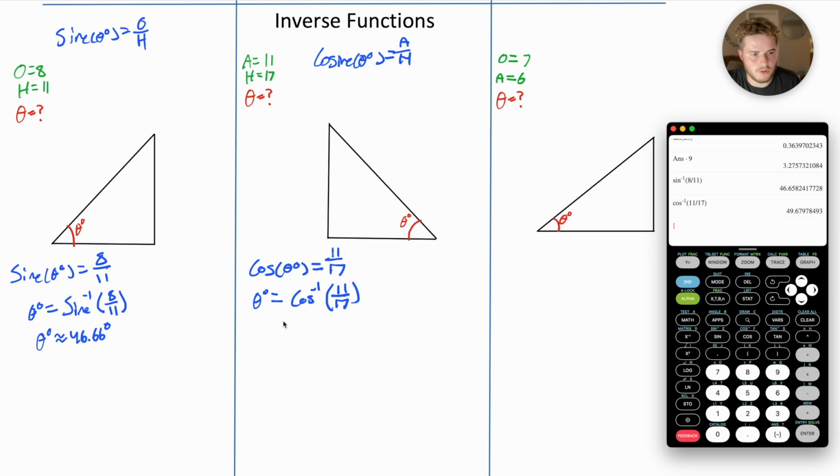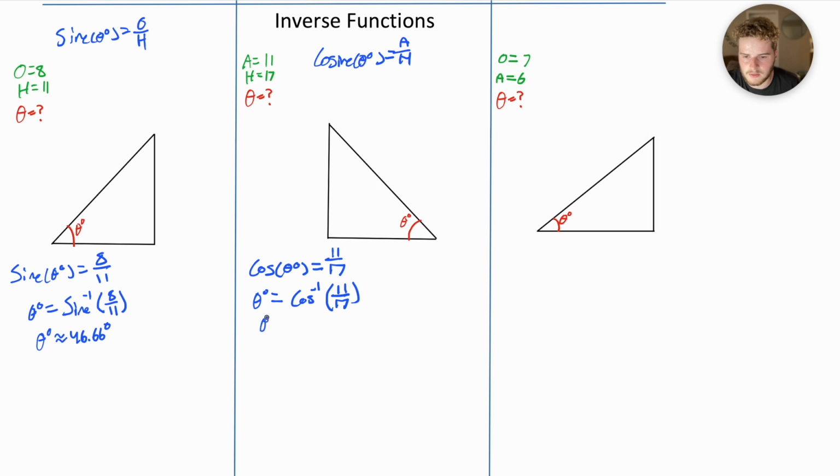And that's going to give us our theta here. So we're looking at about 49.68 degrees. Let's put that in. We've got to use squiggly equal signs because it's about 49.68 degrees. It's not exact, so you do need that rounding sign there.